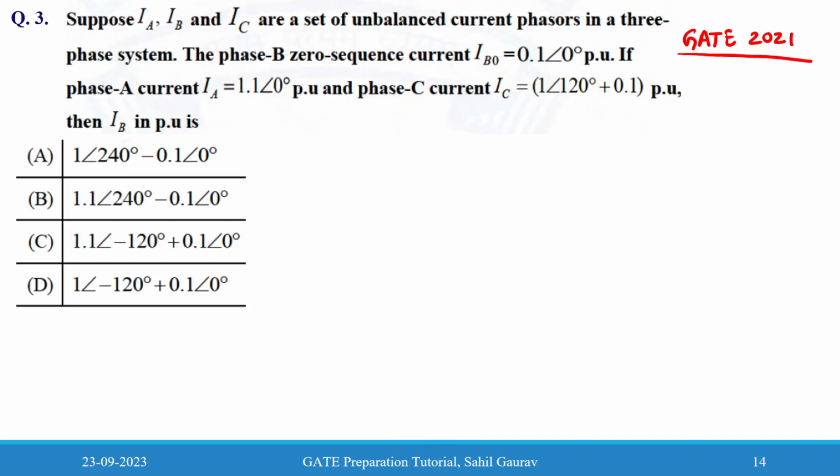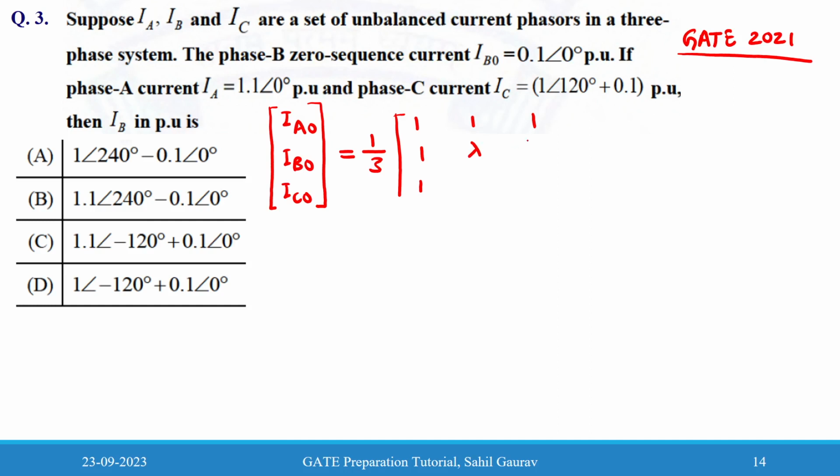What we have seen: IA0, IB0, IC0 will be 1 divided by 3, times the matrix 1, 1, 1, 1, lambda, lambda square, 1, lambda square, lambda, times IA, IB, IC.